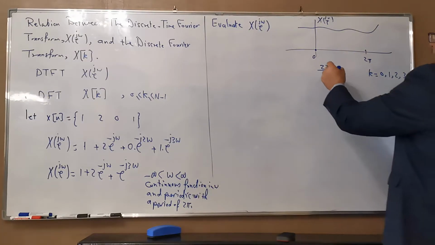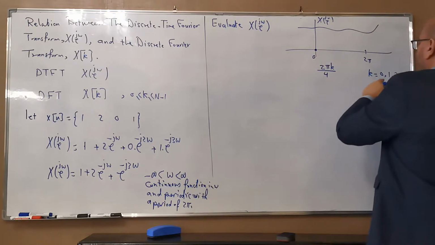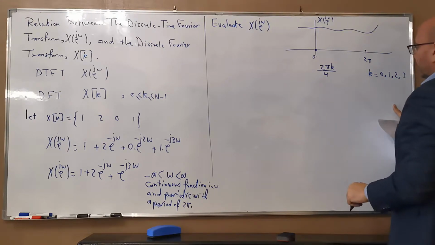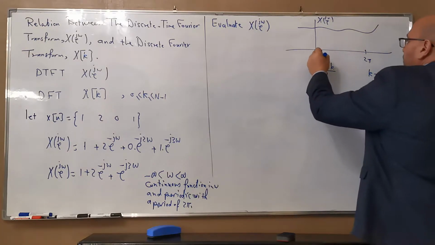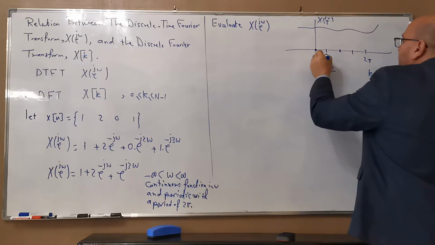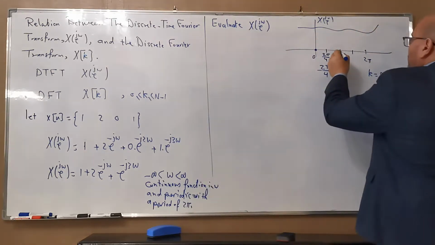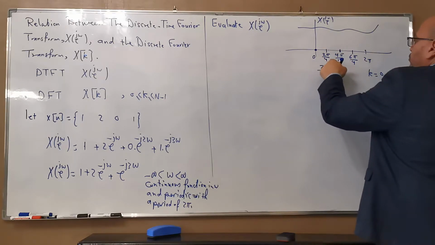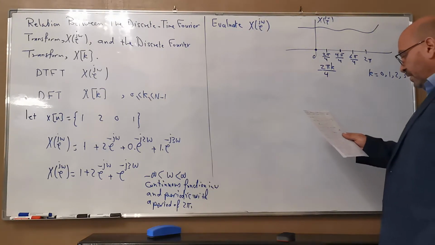So the first one will be at k equals 0, so this is your first sample. The second one will be 2π over 4, then 2 times 2π over 4, which is 4π over 4, and 6π over 4. So 1, 2, 3, and 4, 4 samples of this X of e^jω.